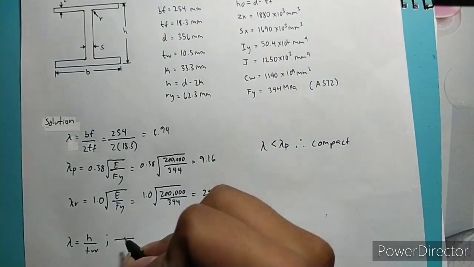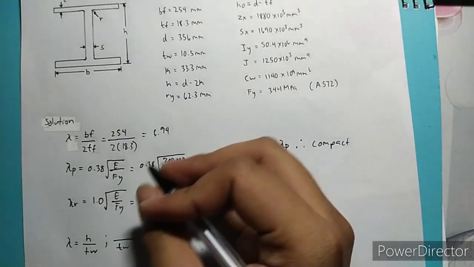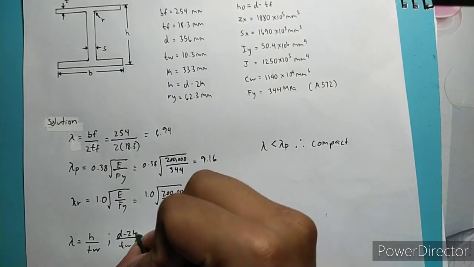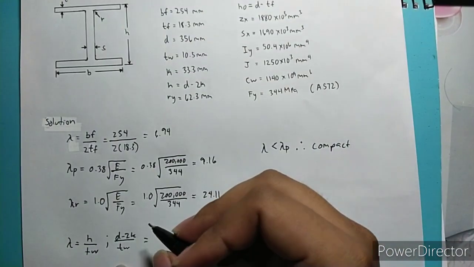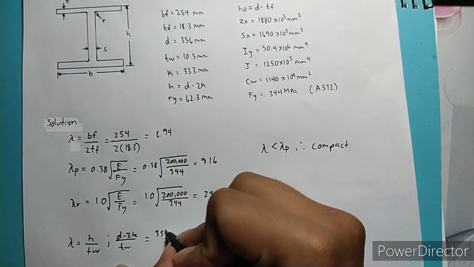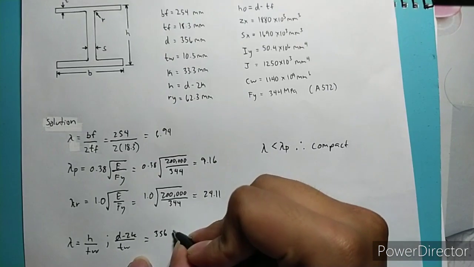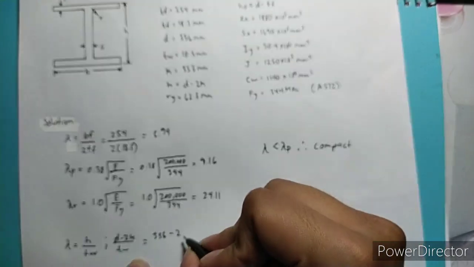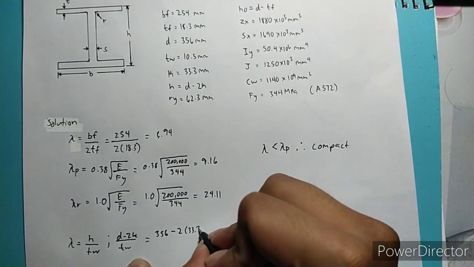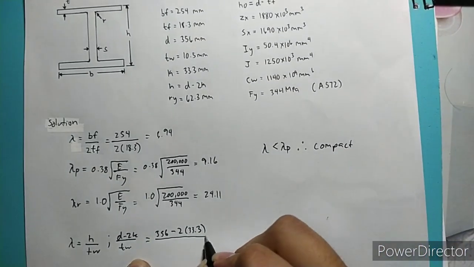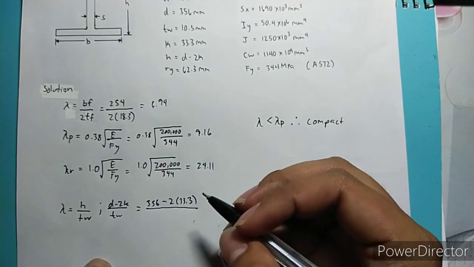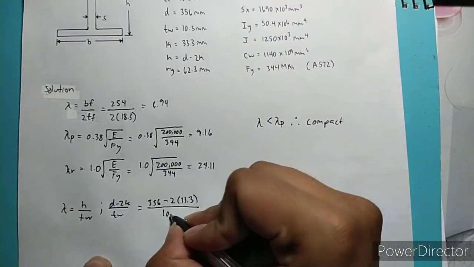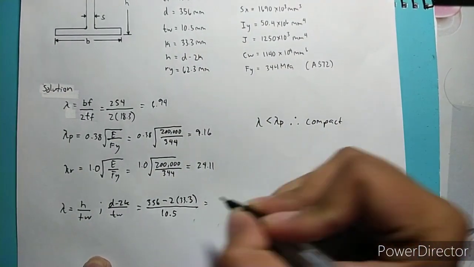So, 356 mm minus 2 times K, which is 33.3 mm, over TW, the thickness of web, which is 10.5 mm.